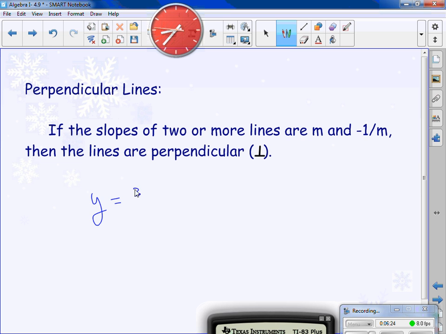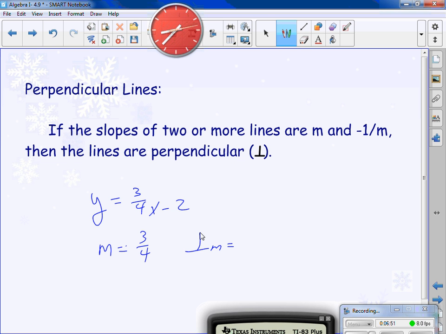I have y equals 3/4 x minus 2. What's my slope? 3/4. Now my parallel slope would be 3/4, but my perpendicular slope, is it positive or negative, our original one?